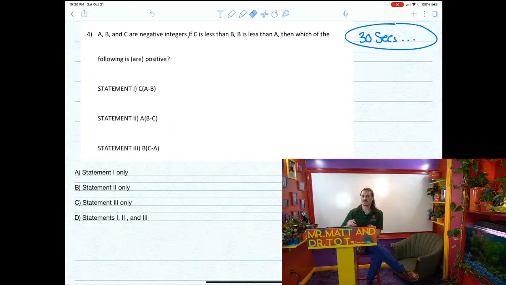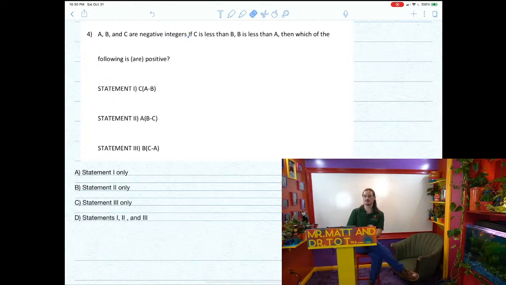Okay, so if A, B, and C are negative integers and C is less than B, which is less than A, then maybe we could pick C to be -3, B to be -2, and A to be -1.